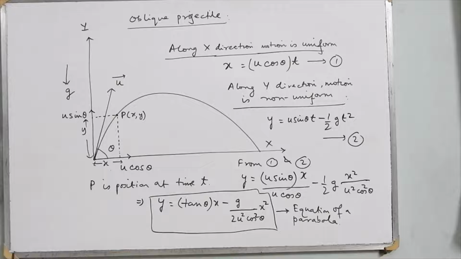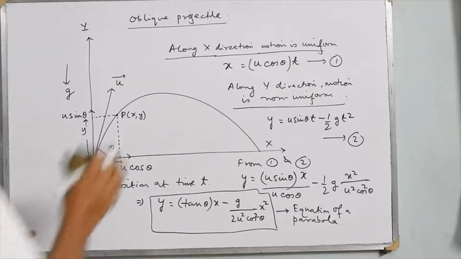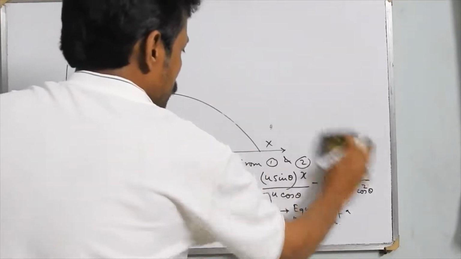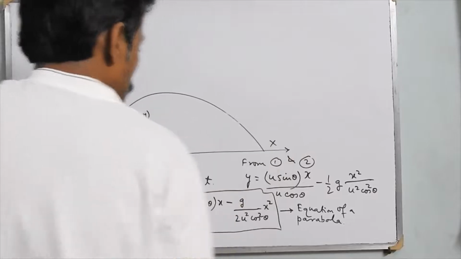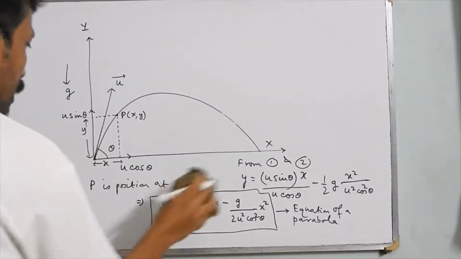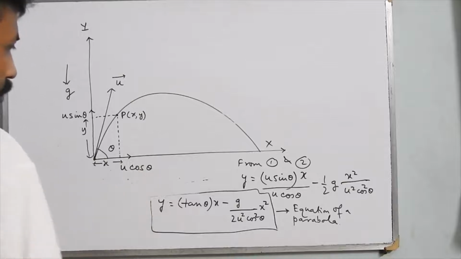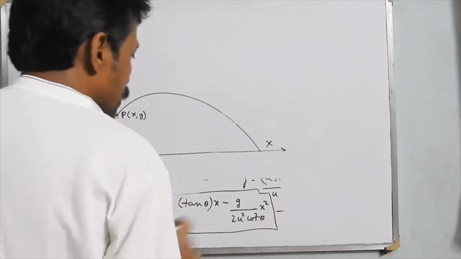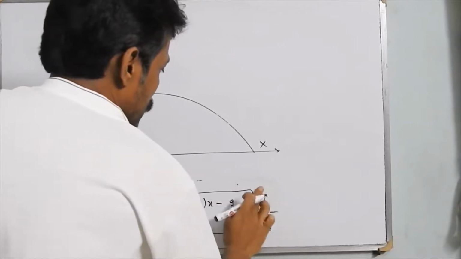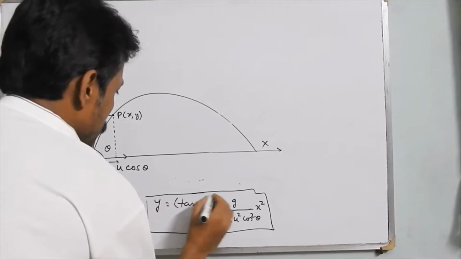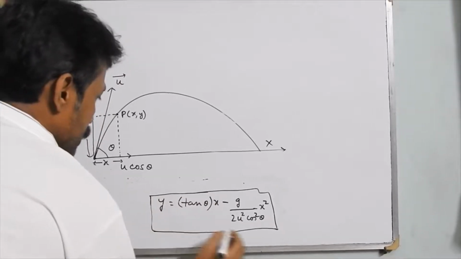So we'll proceed with this equation, omit the previous equations, and proceed with the calculations of the maximum distance covered on ground, the maximum height, the time of flight, and so on.